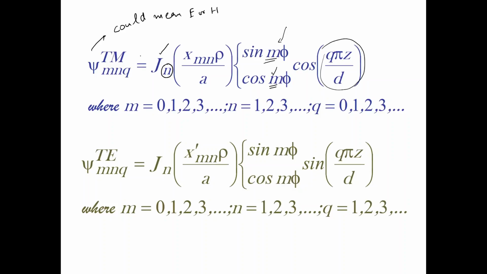For the TM mode, you have the electric field in the z direction, and that electric field is perpendicular to the top and the bottom. When the electric field is perpendicular to a conductor, you get a cos function. Because this cos function is present, you could have m equal to 0. That term could exist, and thus TM010 could exist. Similarly, now we want to look for the TE mode.